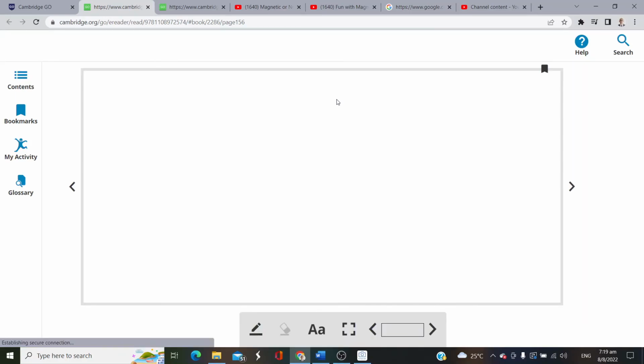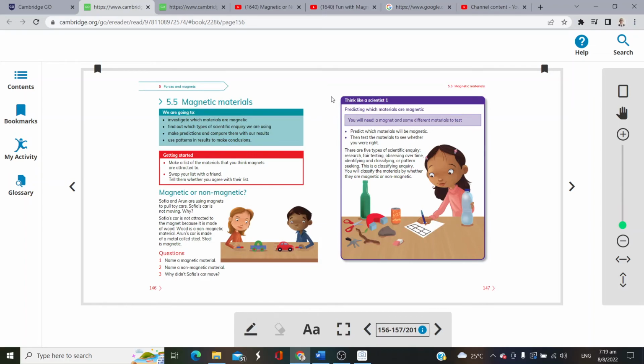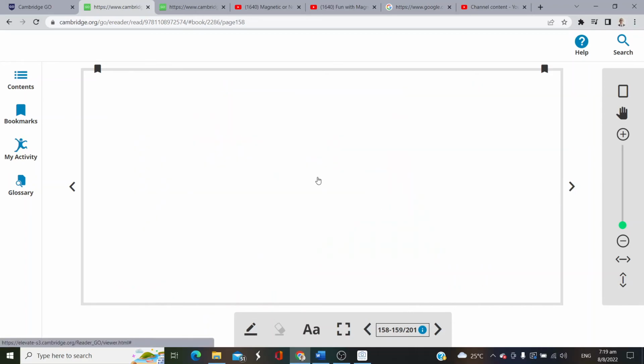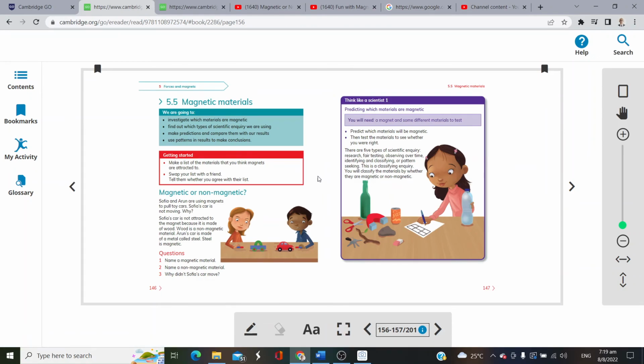Okay, back to your learner's book. Yeah, that's all you need to do. Remember, please do that at home.